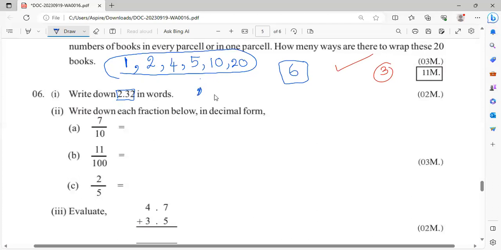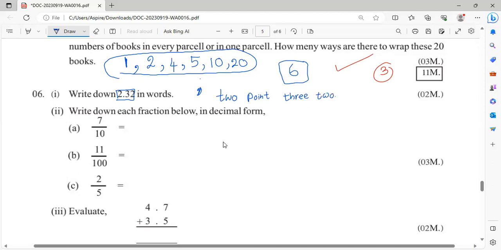Very good. The digits which are written after the decimal point are read one by one, or digit by digit. Okay, so it is read as 2 point 3 2.